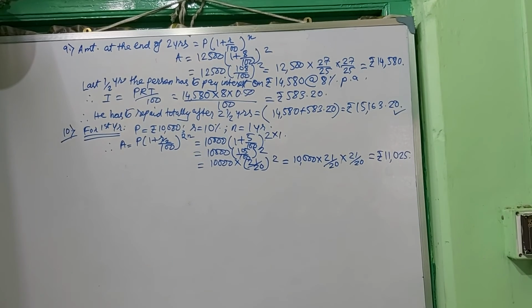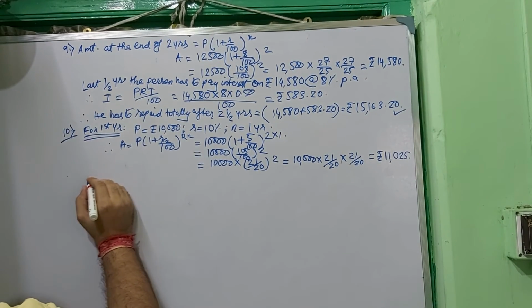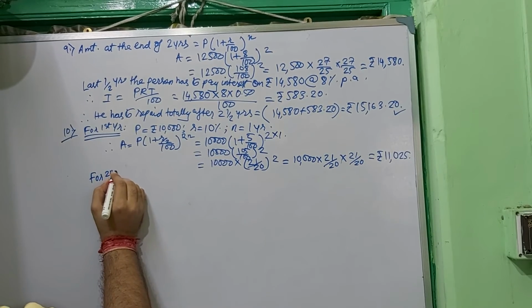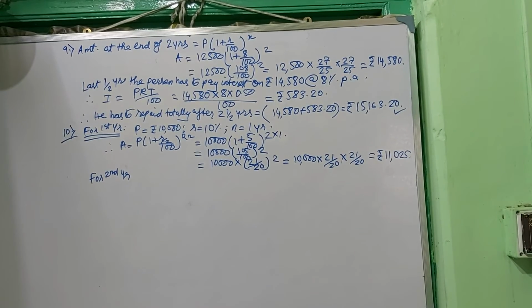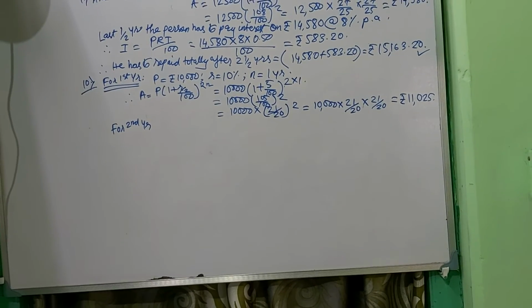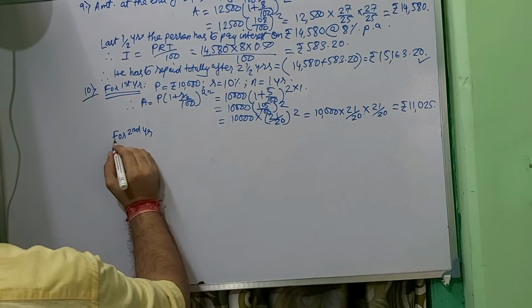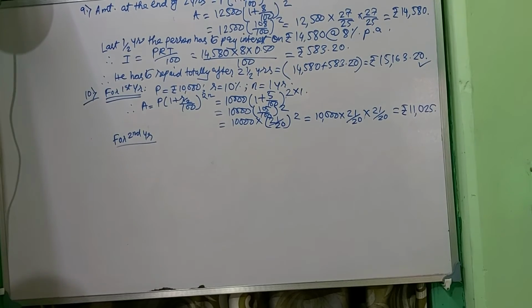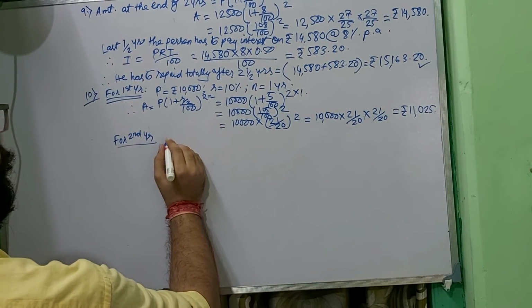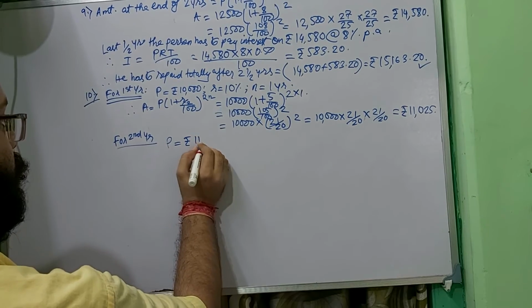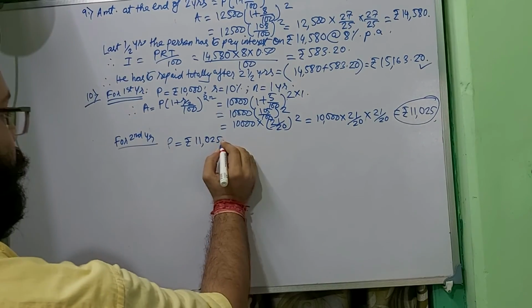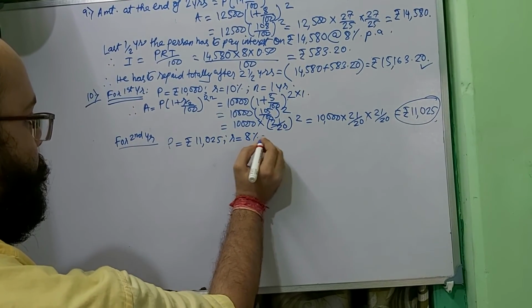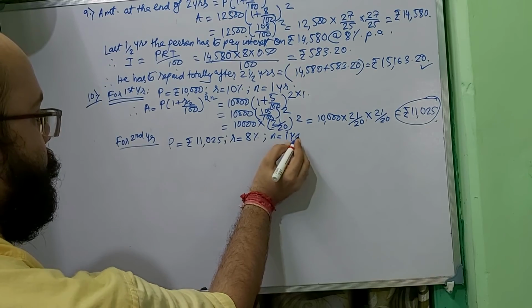Okay, now coming to the second year. This is very interesting. The rate changes from the second year. So for the second year, P is equal to rupees, which now becomes 11,025. The rate is 8%. N is 1 year again.